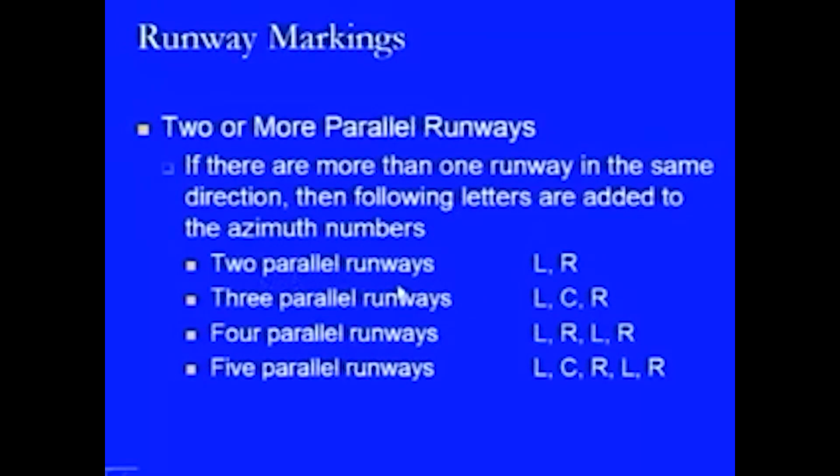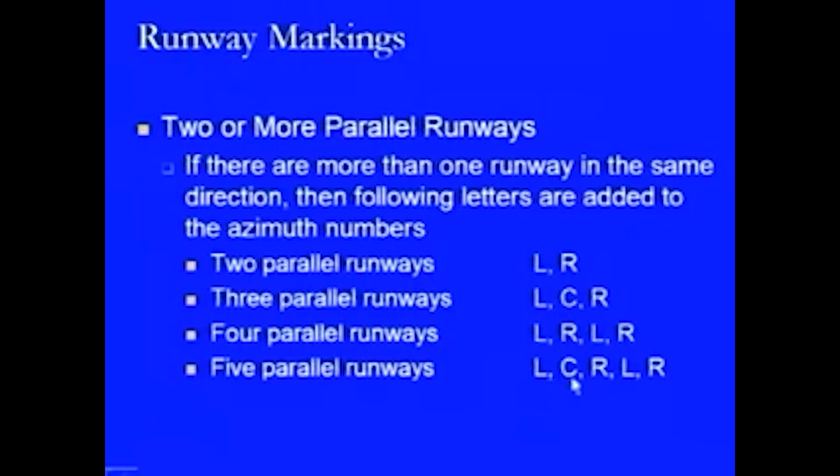Here, for 2 parallel runways we will be using L and R. For 3 parallel runways we use left and right with the central. When there are 4 parallel runways, then there is a left and right on this side and left and right on the other side. When it is 5 parallel runways, then we have L, C, R and L, R, depending on the particular way the parallel runways have been provided.